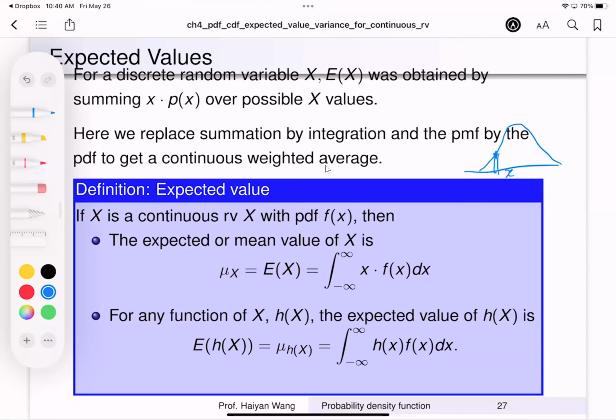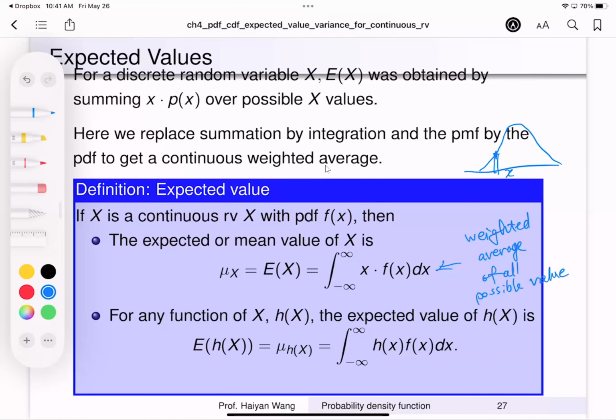And when we sum up all of those, because the possible values of x are infinite within the interval, the sum of all of the x with the weight of the density is simply the weighted average of all possible x values.